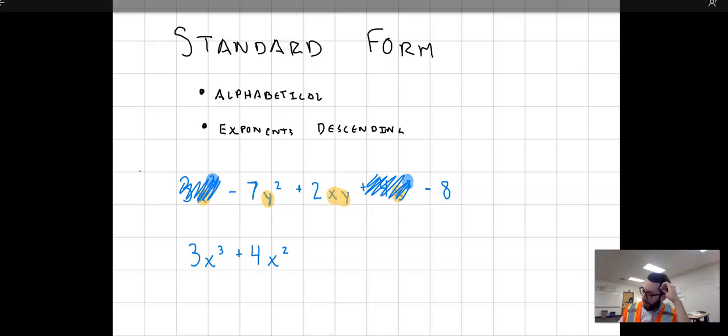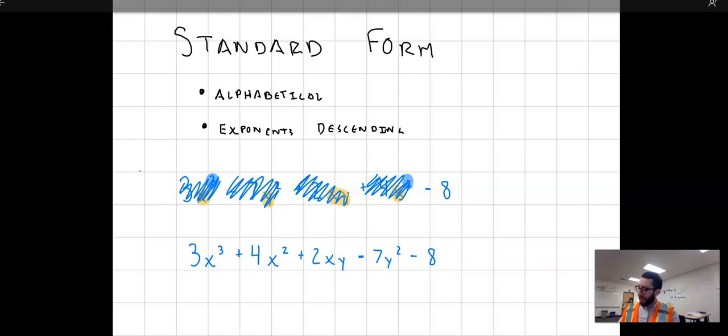Next, I'm going to go over to this xy, because still x comes before y. So I have plus 2xy. Now I can move on to my y's. That's a negative 7y squared. And then lastly, I have my value that has no exponent and no variable with it, which is 8, so minus 8. And that is standard form.